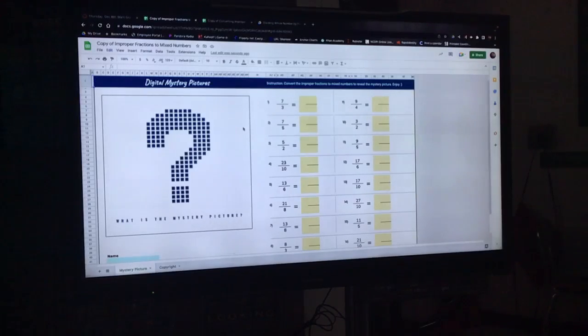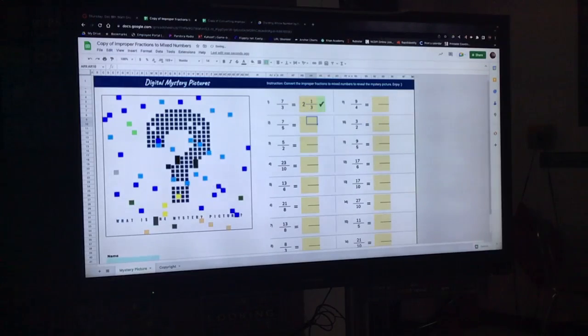What do I multiply 3 by to get close to 7? Troy? 2. So this becomes 2 1/3. So you have to be careful with this one and make sure that you put your whole number there. And then again, it gives you some of the picture.